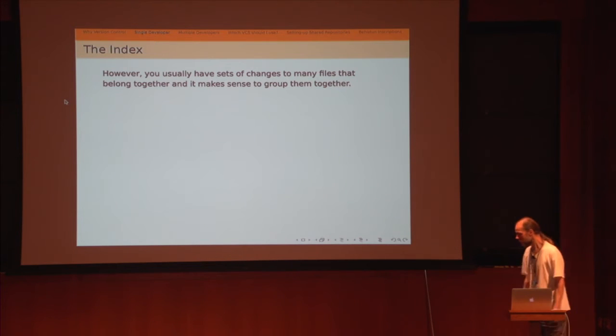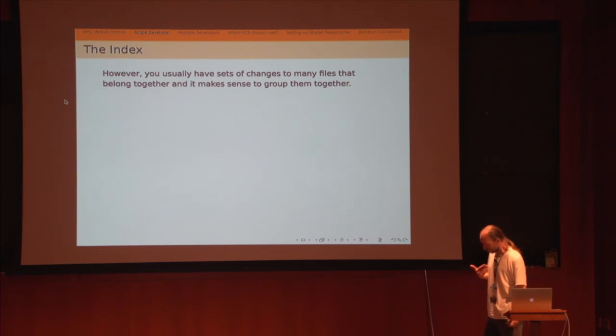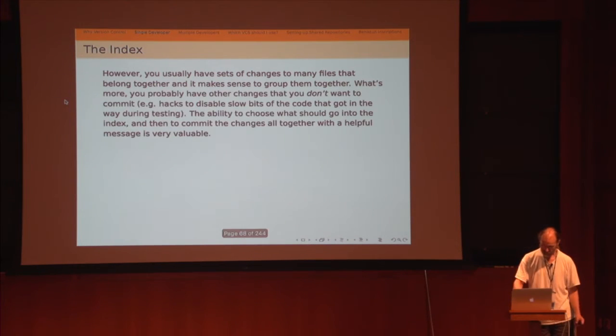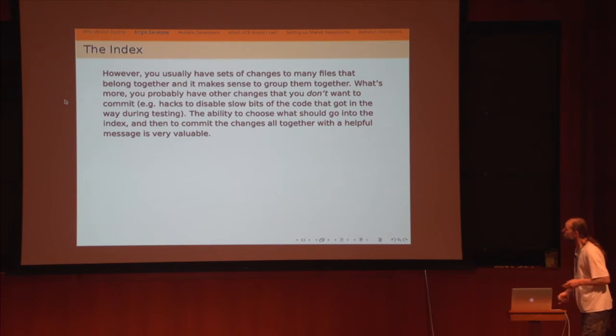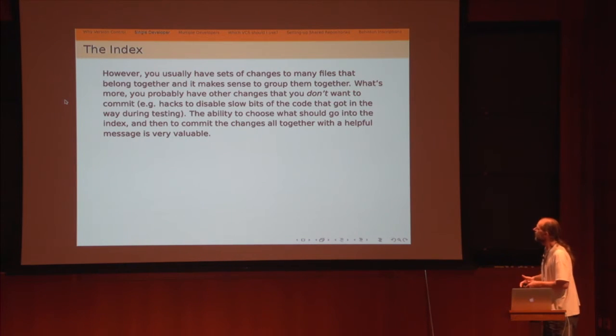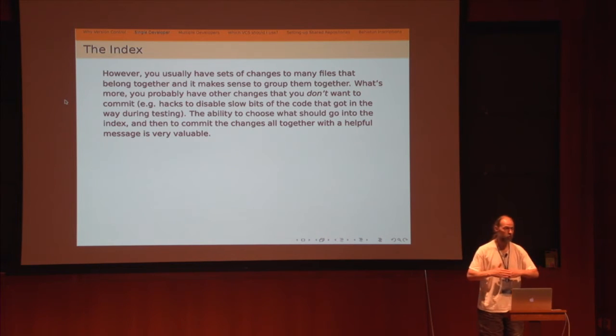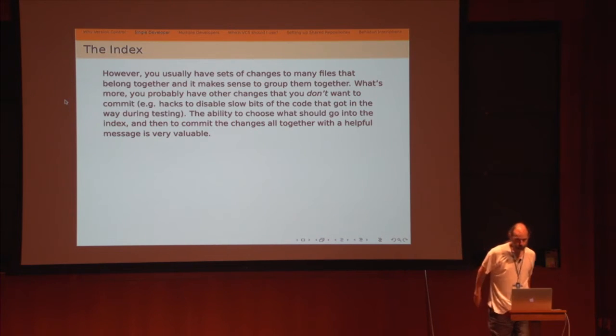You can think about them as being something that makes sense to a human, not to a computer. Computers can think about individual files, but I can't. So, generally speaking, you've probably made other changes that don't belong together. You know, you put hacks that got in the way, you disabled some of the tests because they took too long to run, but you don't want to put those in when you do your commit.